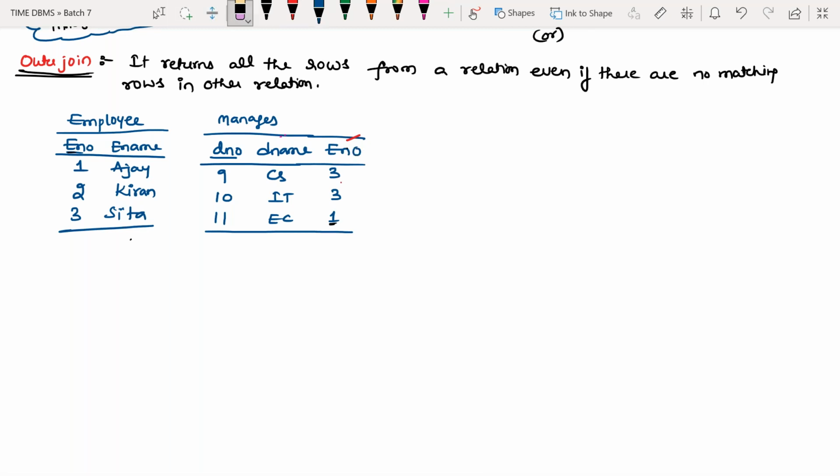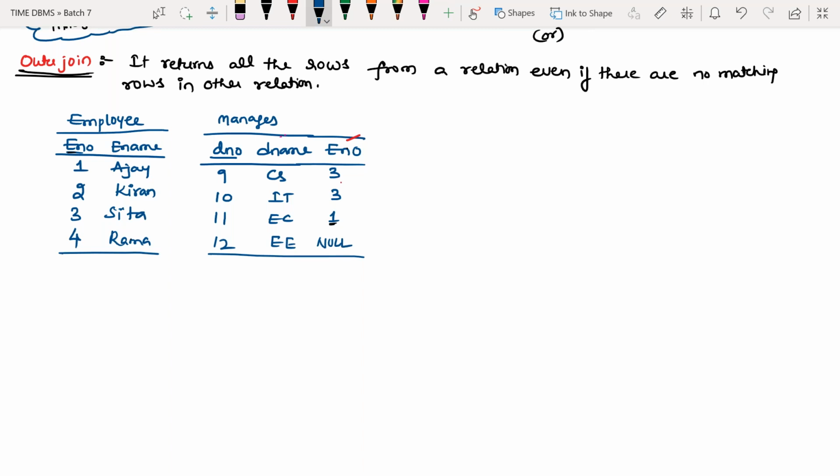There are some employees, some departments, some managers. Look, for Rama and 12 EE department, suppose EE department is not managed by anyone. Not managed by anyone means null.